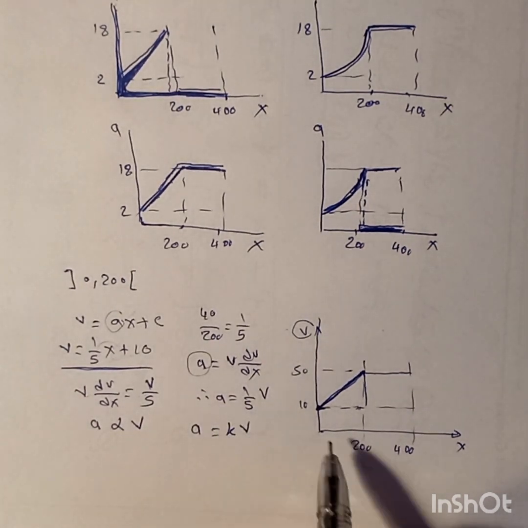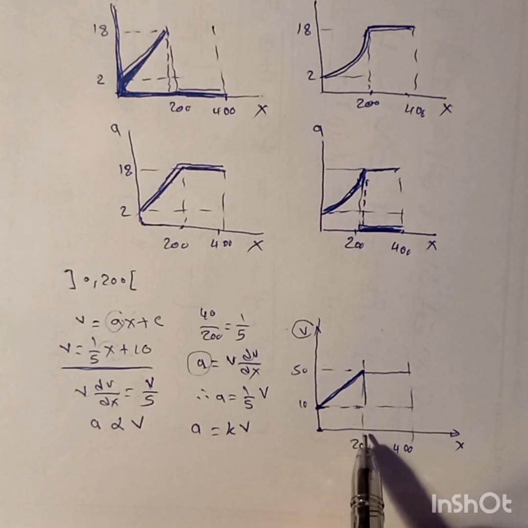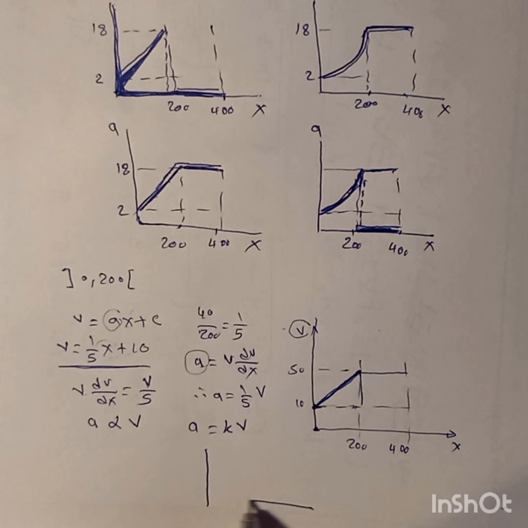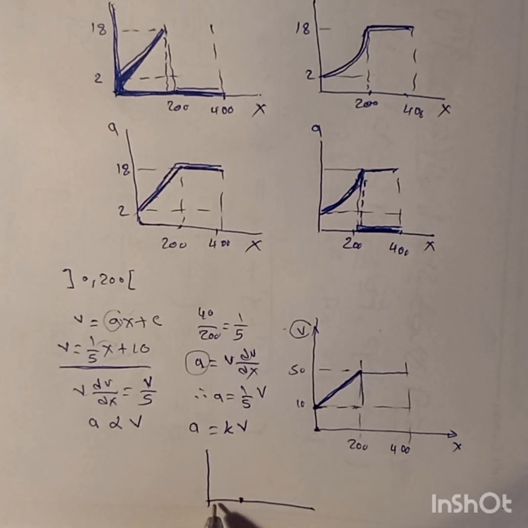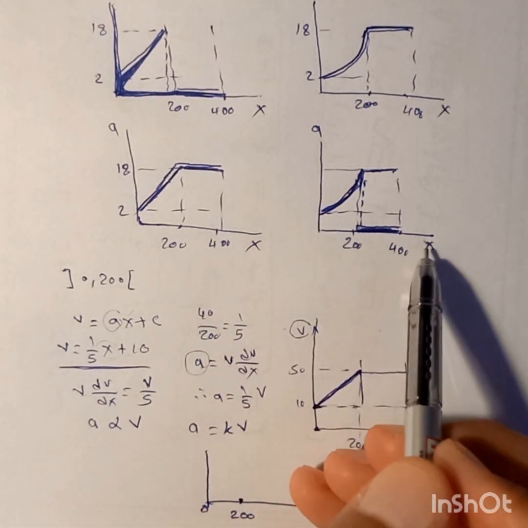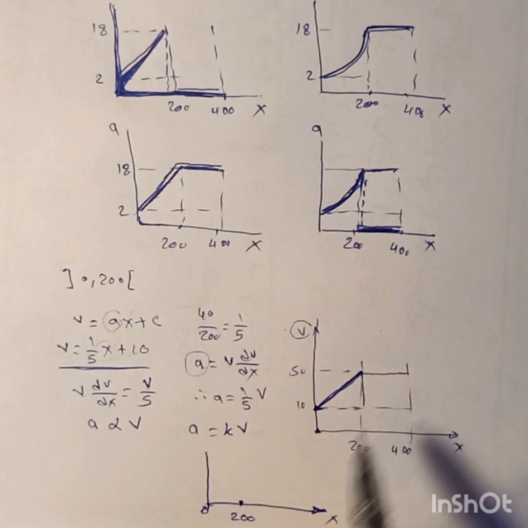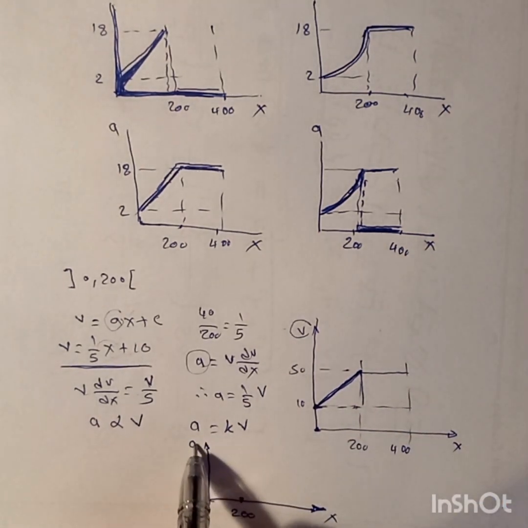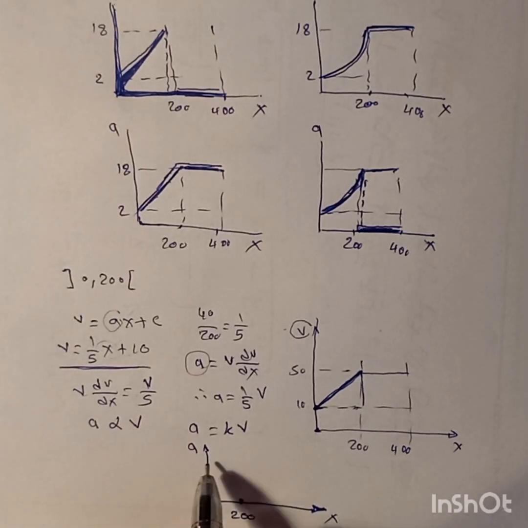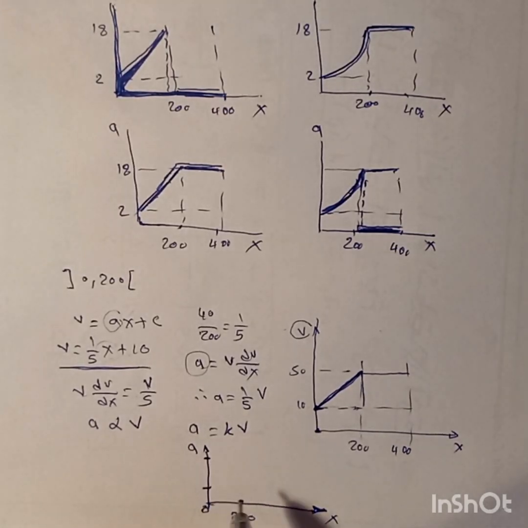This is from 0 to 200 x units. Then we can sketch this as follows: from 0 to 200 here x, as the given figures have the x axis representing displacement or position. Here we have acceleration. We can start with this start point and end with this end point.